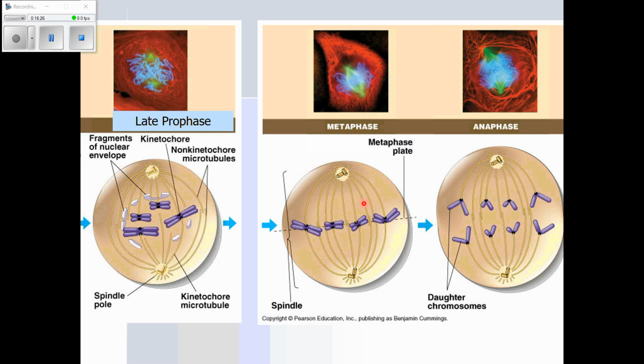The next phase of mitosis is metaphase. It's the most easily recognizable of the mitosis phases because all of the chromosomes are aligned within the same plane, and we sometimes refer to this as chromosomes lining up along the equator. Kind of think of an imaginary line running through the middle of the cell.